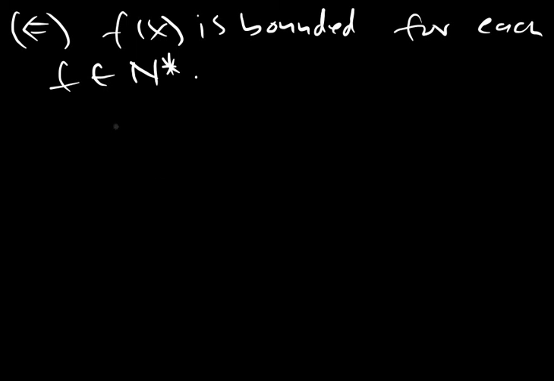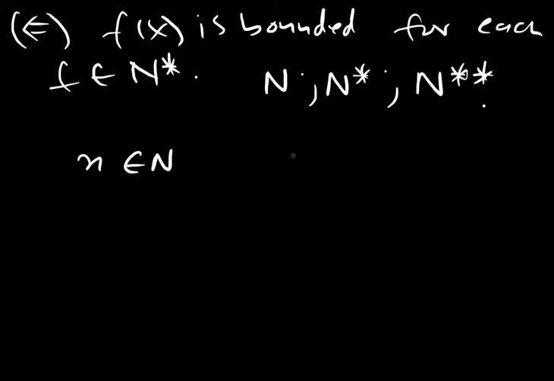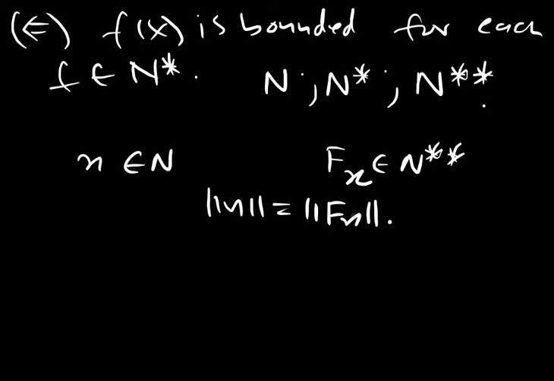Here we have the identification: suppose x is in N, then it can be identified with f subscript x, an isometric isomorphism, belonging to N star star, and norm of x is norm of f subscript x.